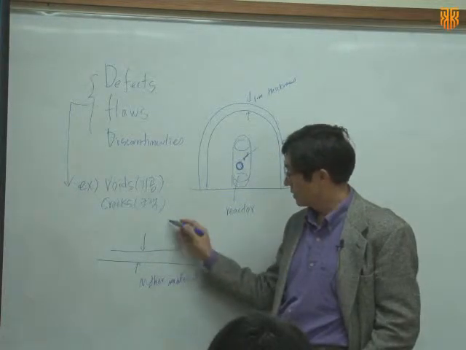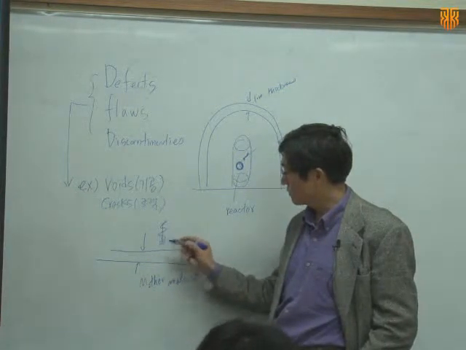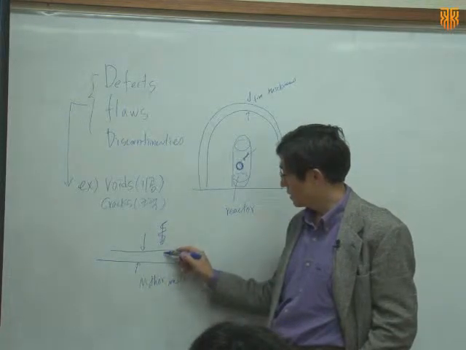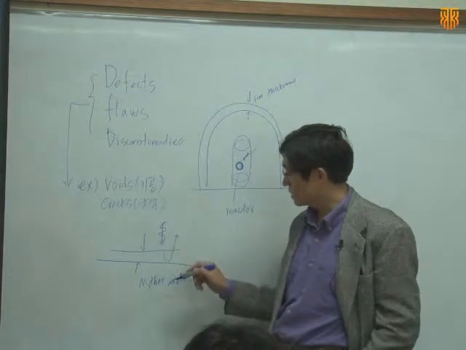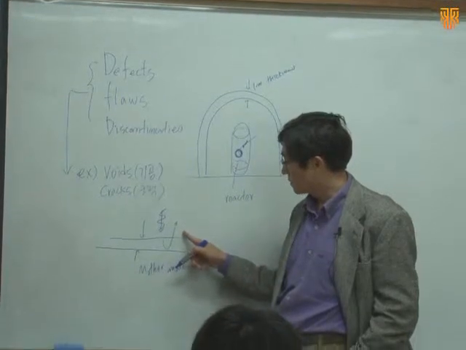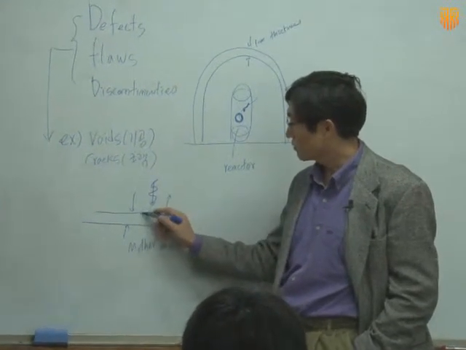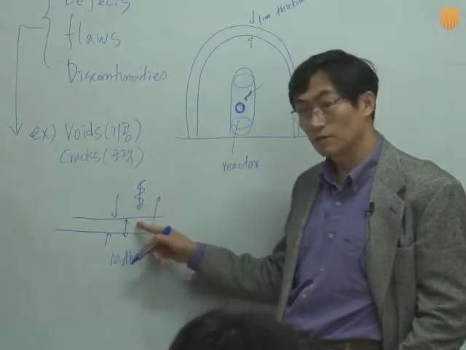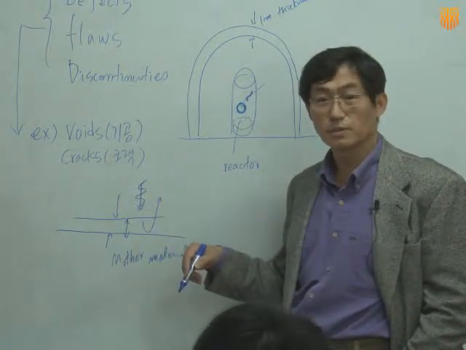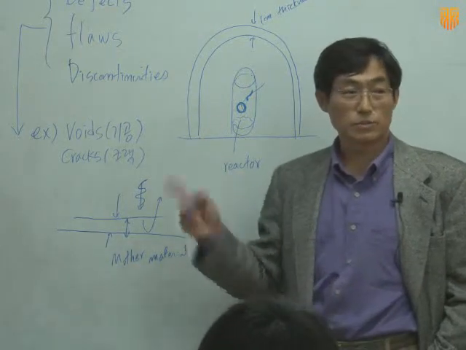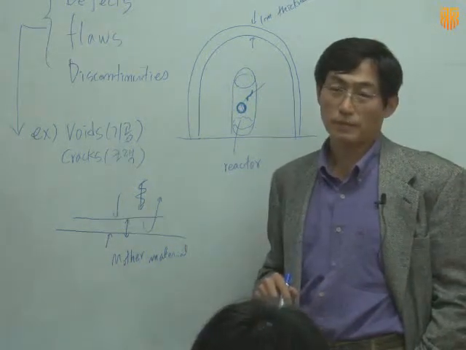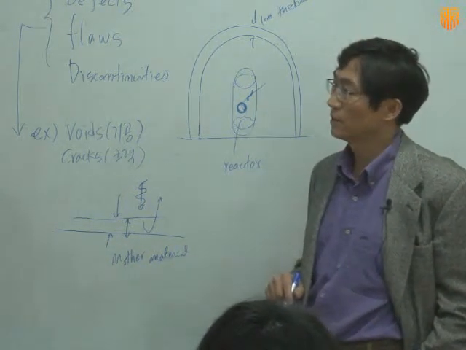You can send ultrasound from the surface, and then detect the reflected signal from the top of the coating and the boundary of these two materials. Then you can calculate the thickness of the coating. That is one example of dimensional measurement using non-destructive testing, usually ultrasound.